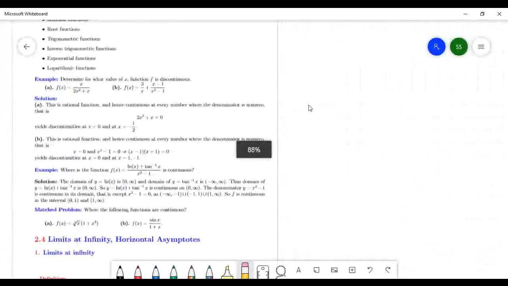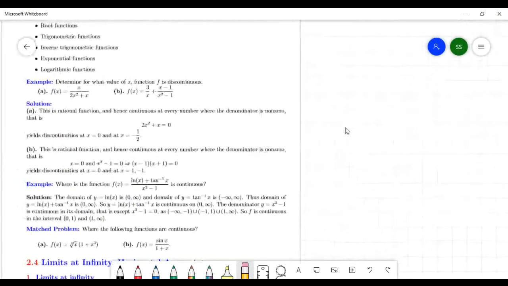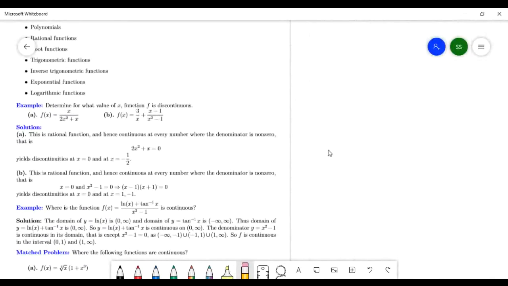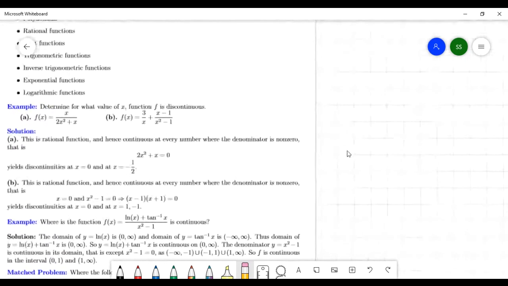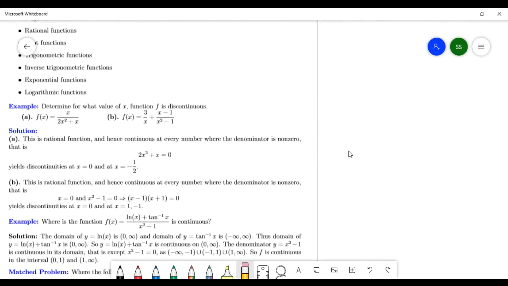Last lecture I discussed this example. Okay, same like this, I will discuss another example today.